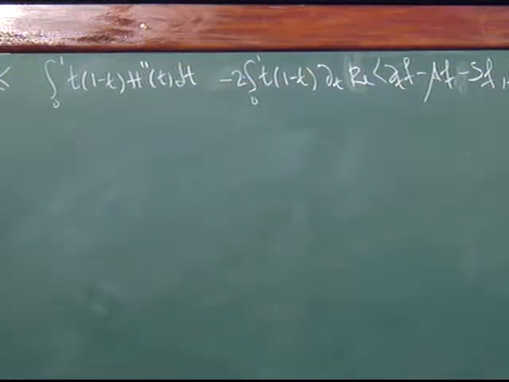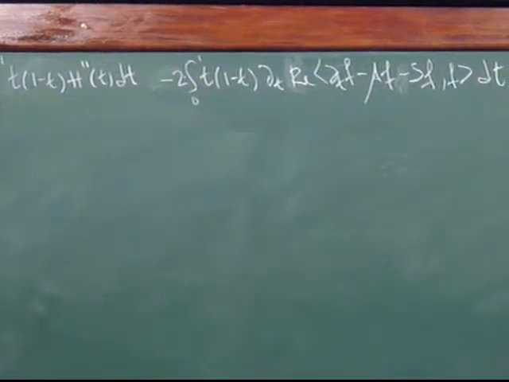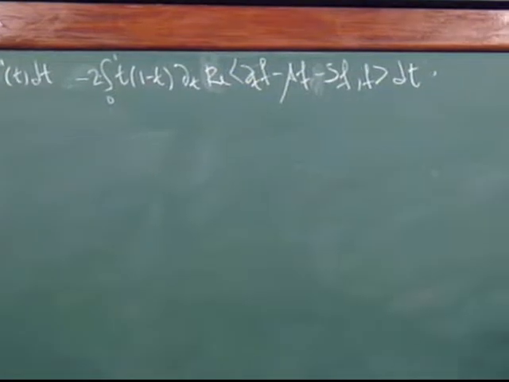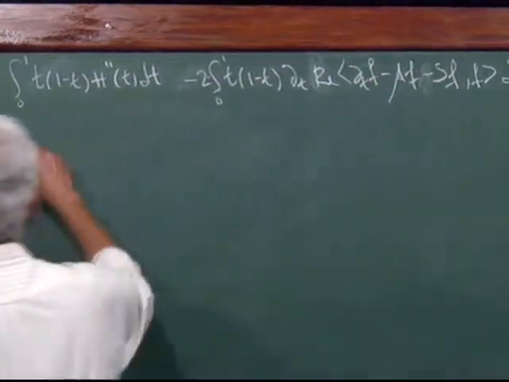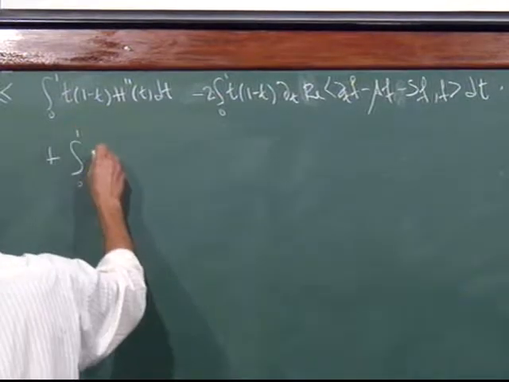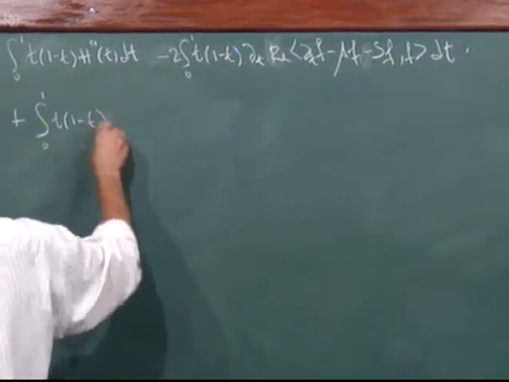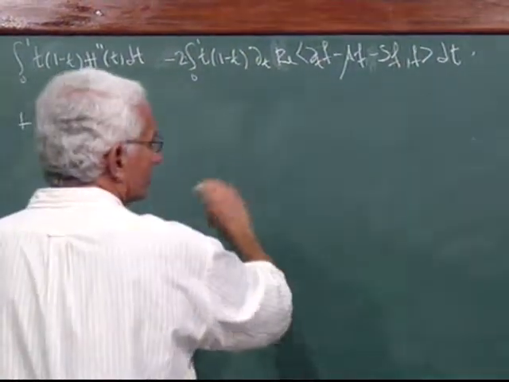And I try to bound this one. Then I have to stay with only one of these two. Then this passes to the other side, and we have less or equal, plus the integral between 0 and 1, t(1 minus t), multiplied by this norm.